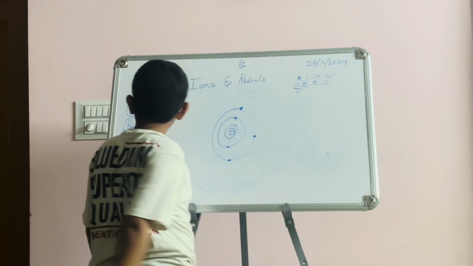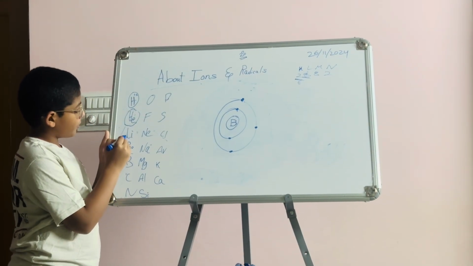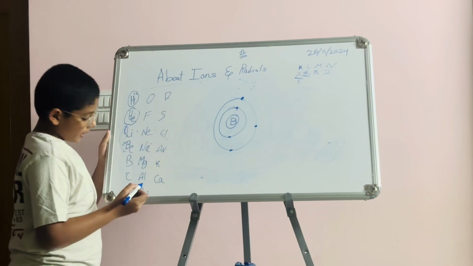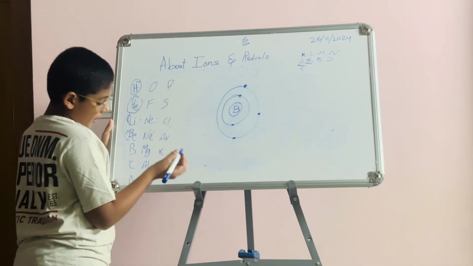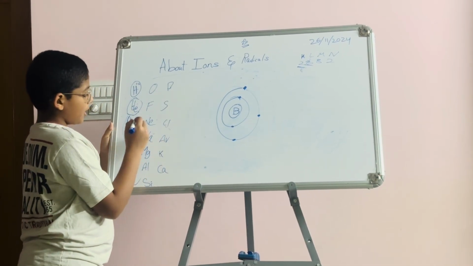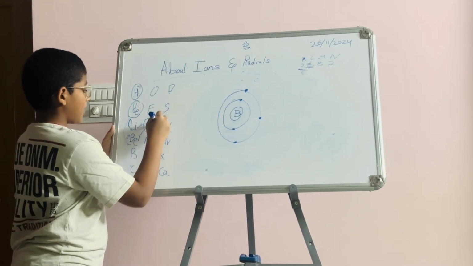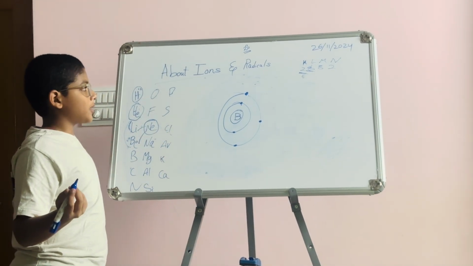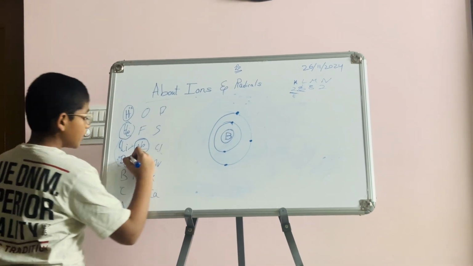You have seen me saying these elements go for this configuration, but you might wonder why they can't go for neon's configuration. Neon is stable with configuration 2:8, which I will explain later.